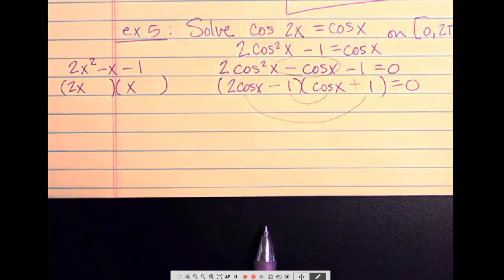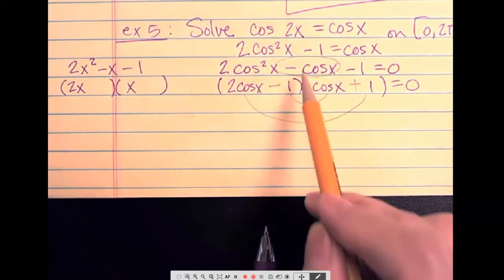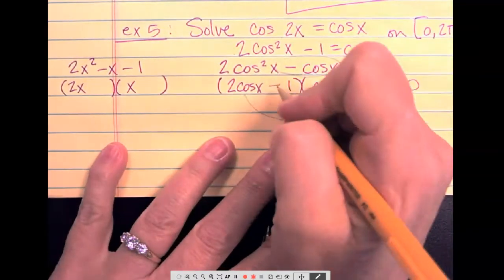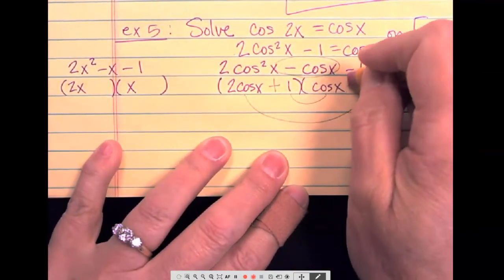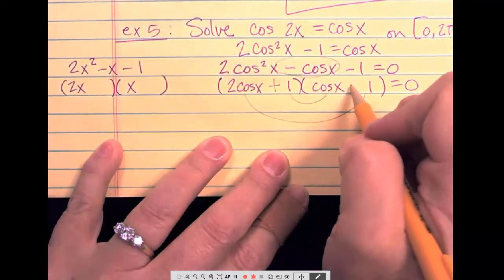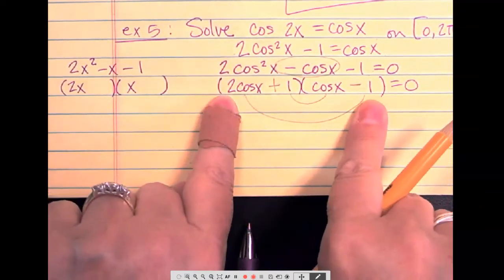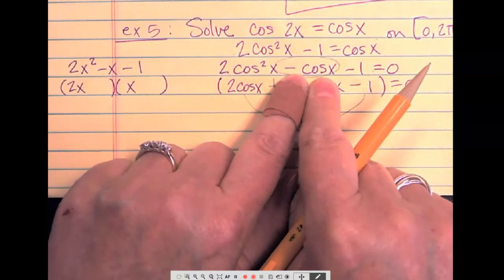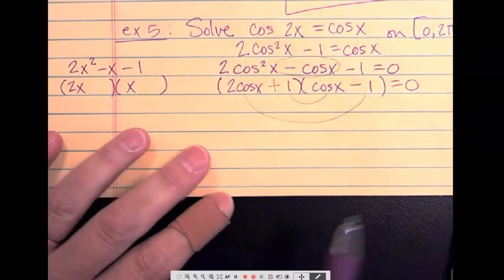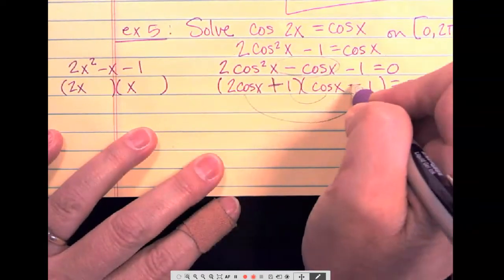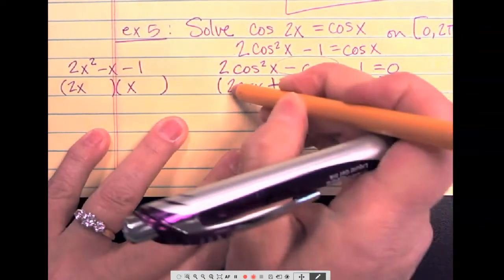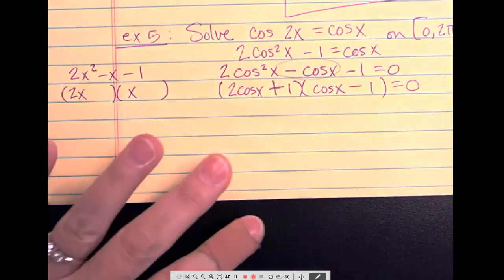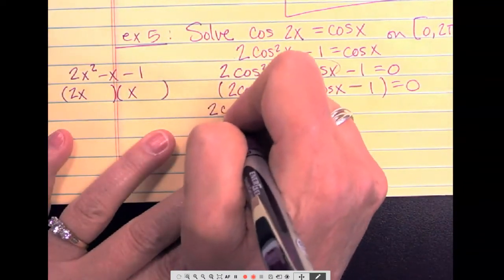Foil that out in your head. Do you get a negative cosine? It's the opposite, yes. Plus, minus. Now if I foil it out, I get a negative 2 cosine and a positive 1 cosine. Add those together and we get the negative 1 cosine. Okay, so here are my factors. After we factor, what do we do? Set them equal to 0.